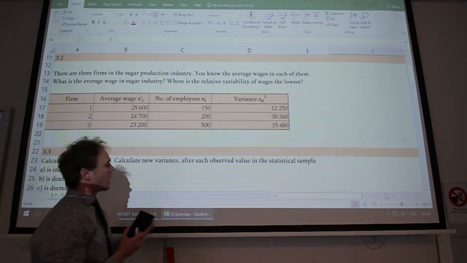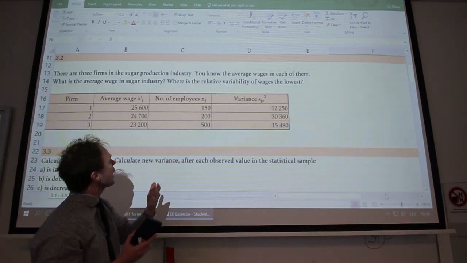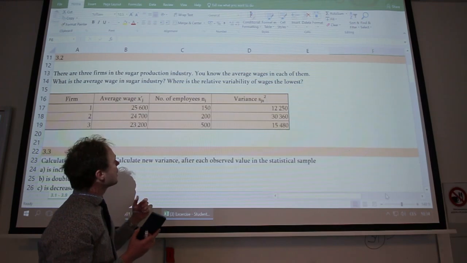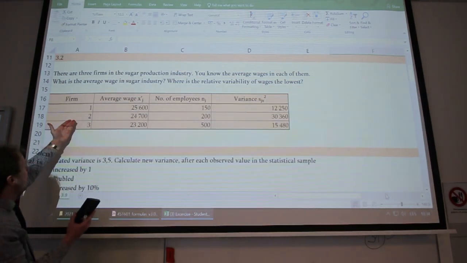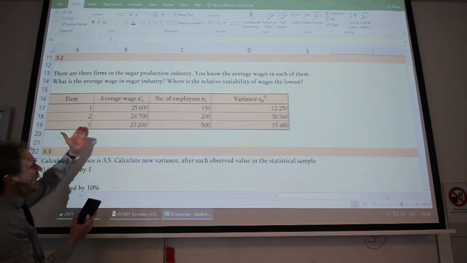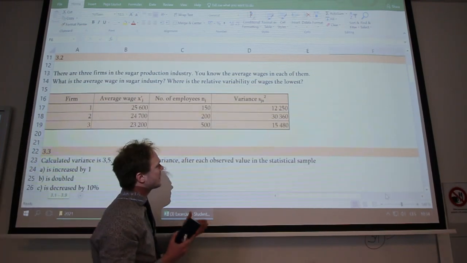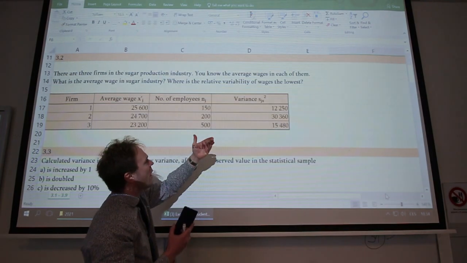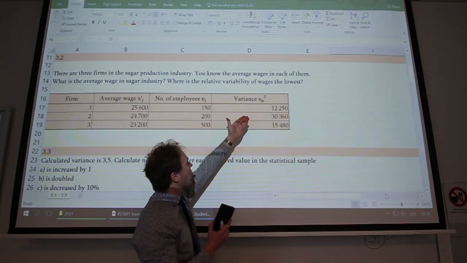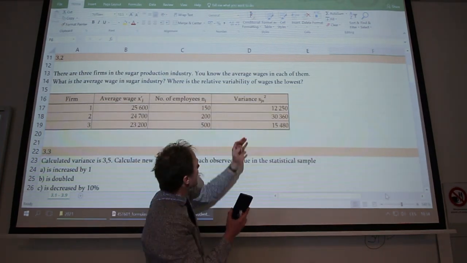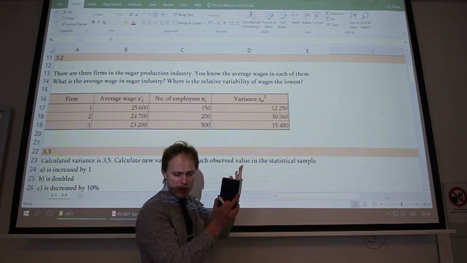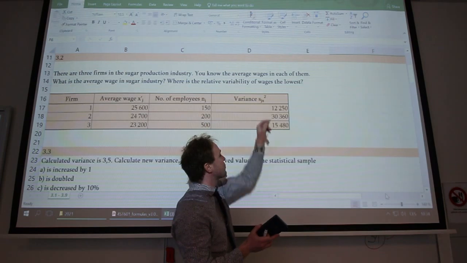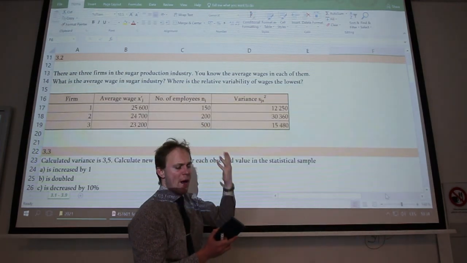We have here absolute frequencies, NJ, in this situation the number of employees in firm 1, 2, and 3. And we have here calculated individual variances, SJ squared, for the particular firm, yes, variance in squared units.